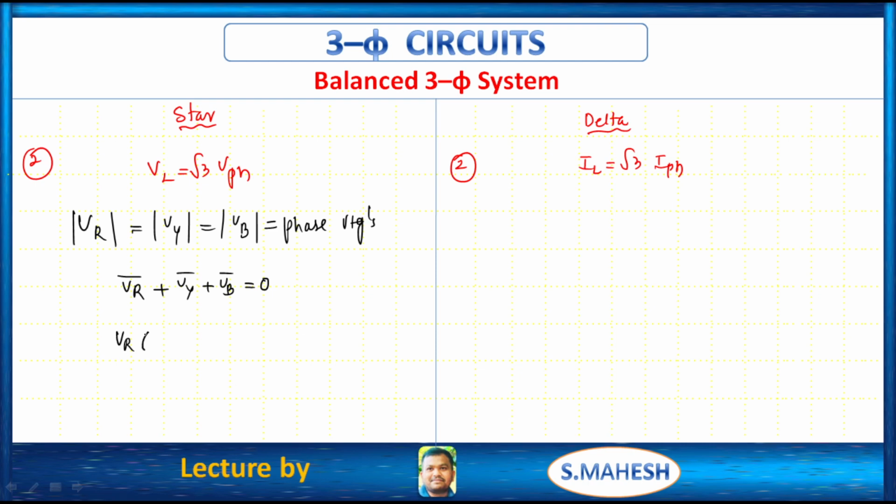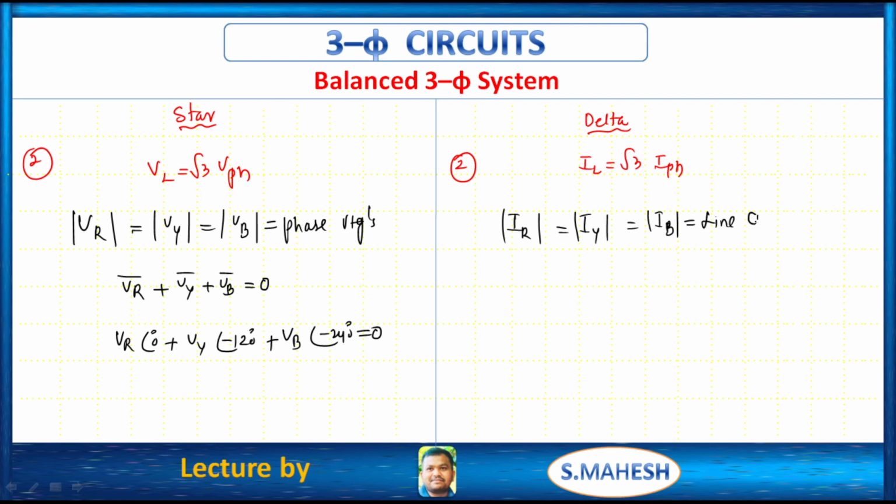That is, VR at an angle 0, VY at an angle minus 120 plus VB at an angle minus 240, which is equal to 0. That's it. Coming to this, we have IR, IY, IB. Those are nothing but what? Line currents, right?